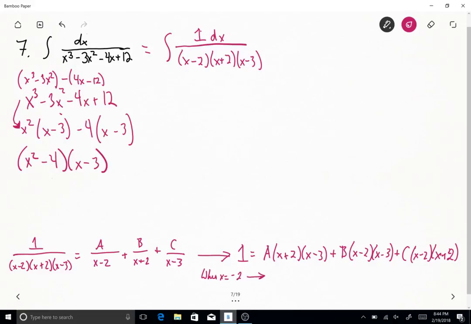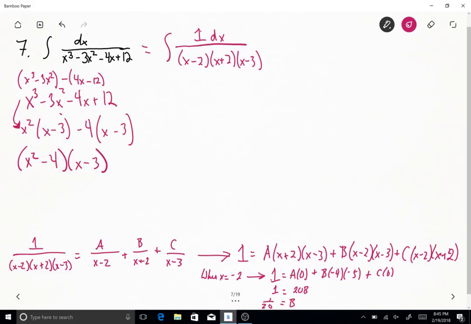The first term is a times 0, plus b times negative 2 minus 2, which is negative 4, and negative 2 minus 3, which is negative 5, plus c times, once again, 0. So notice this gives us 1 equals 20b. So b becomes 1 over 20.